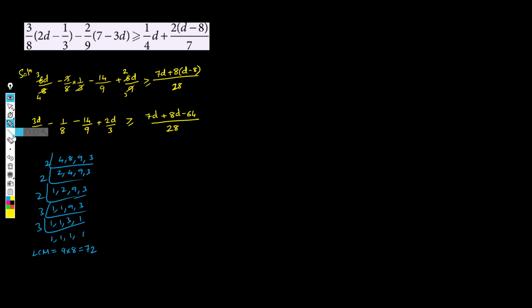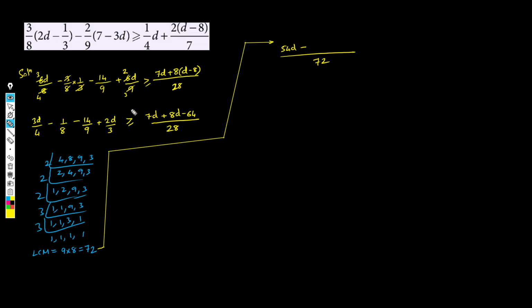Therefore, let's proceed from here. After finding the LCM, let me proceed with the question. The LCM of 4, 8, 9 and 3 is now 72. 4 into what is going to give me 72? 4 into 18 would give me 72. So 18 into 3d would be 54d minus 8 9s are 72.